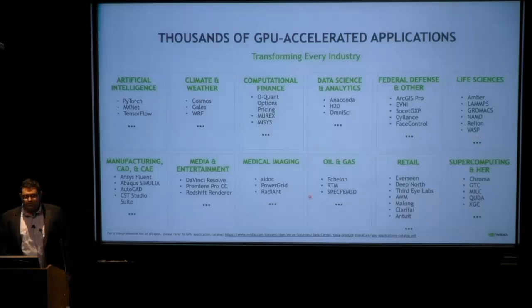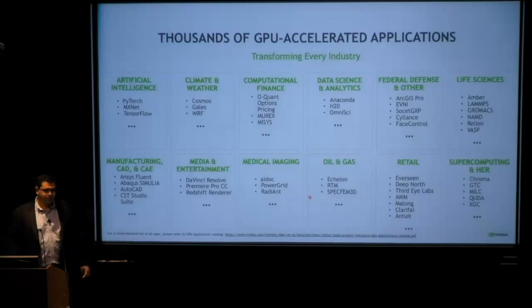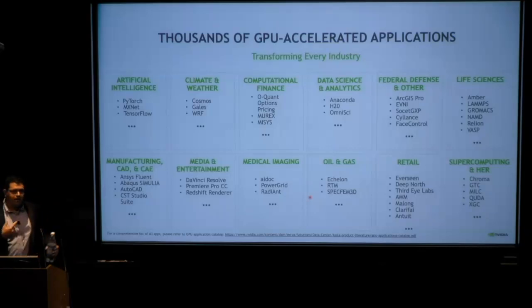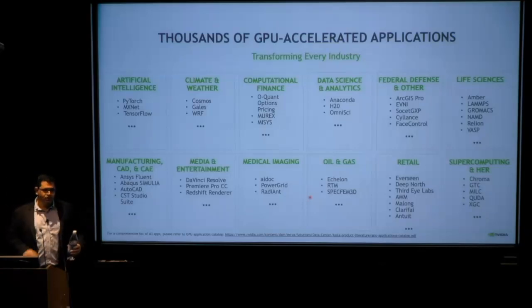Even for your particular workload, you may have an application that is already GPU accelerated. And so something to consider for your particular workload is using an already GPU accelerated one. Many of these, we have containers on our NVIDIA Docker repository, NGC. Go to ngc.nvidia.com. You could pull the container. It has all the dependencies in there.